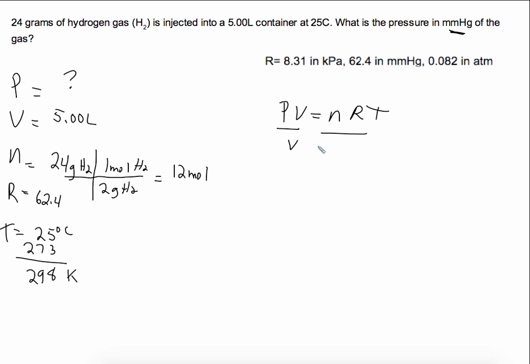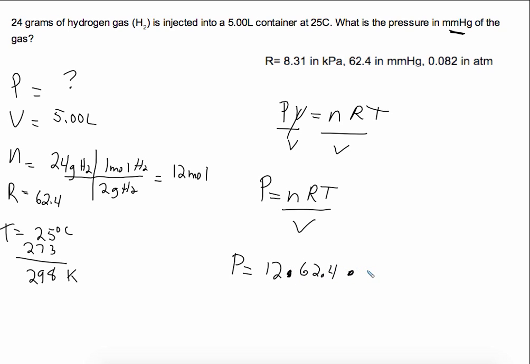So we write PV equals nRT. Okay, we're looking for pressure, so we divide both sides by V. Remember, V is moving diagonally, this side cancels. So P is going to equal nRT over V. Then we just plug in the numbers.